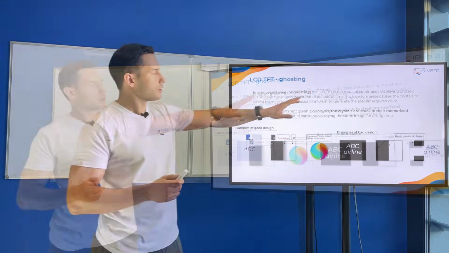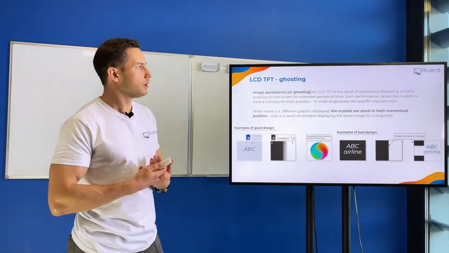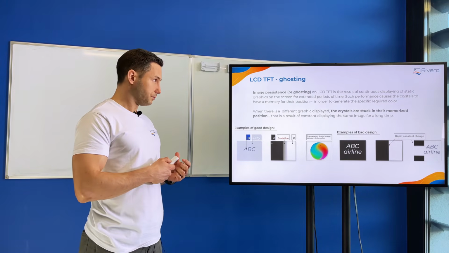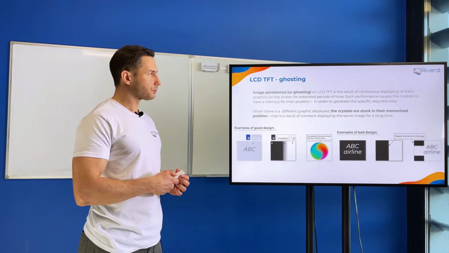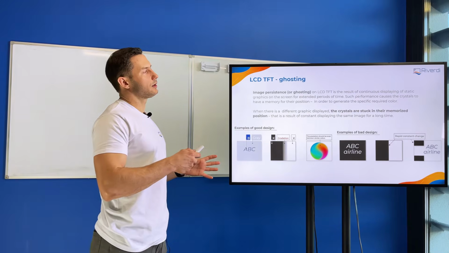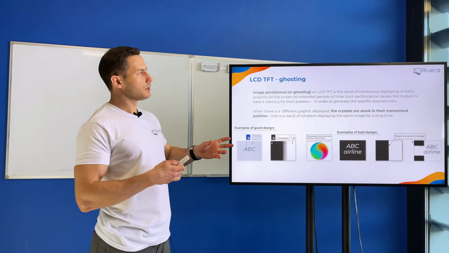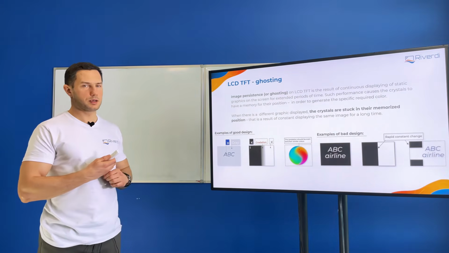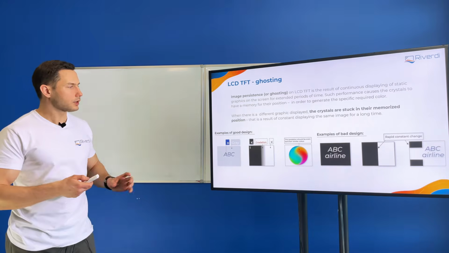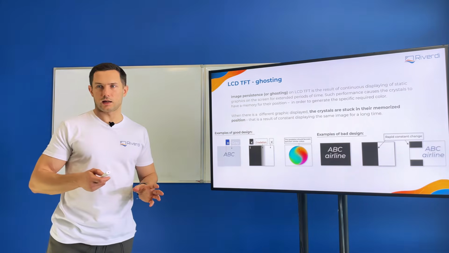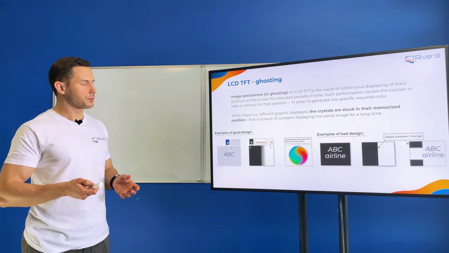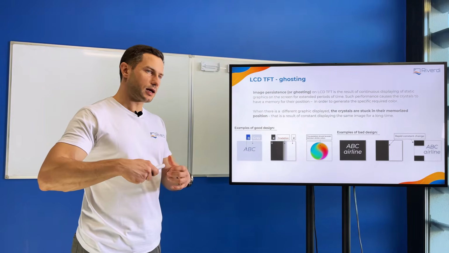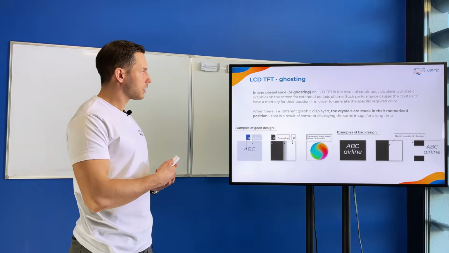For example, if this logo were always here for 1 year or so, the crystals would memorize, let's say, the state, and later when we change the screen, we may see some ghosting from this image. Maybe you have seen this already, maybe not, but this phenomenon is common to pretty much every display technology. As I said, it's not very visible, but it is there.